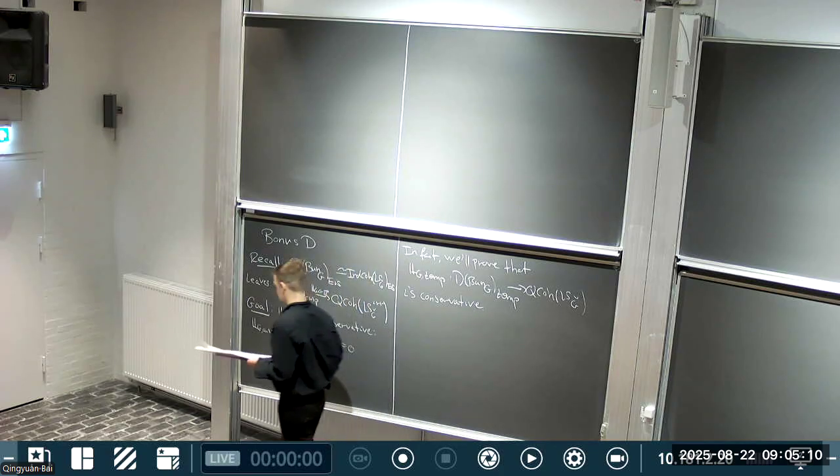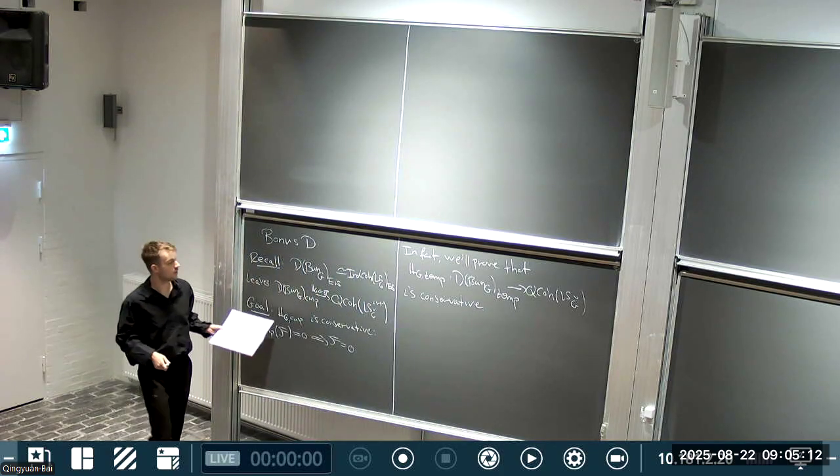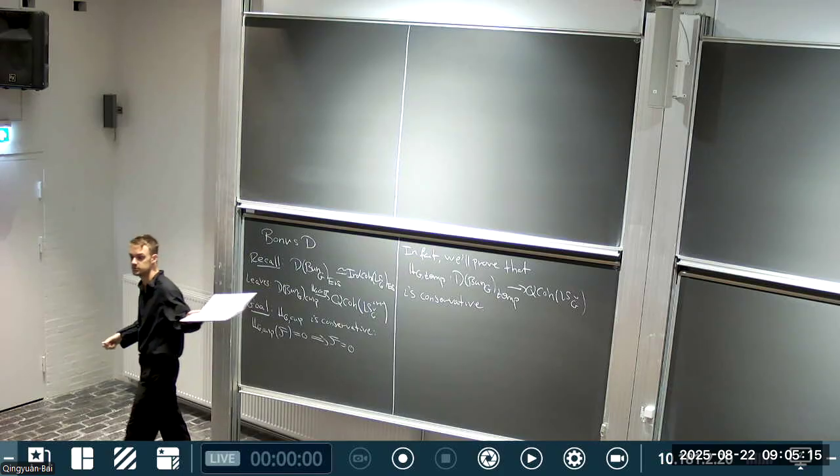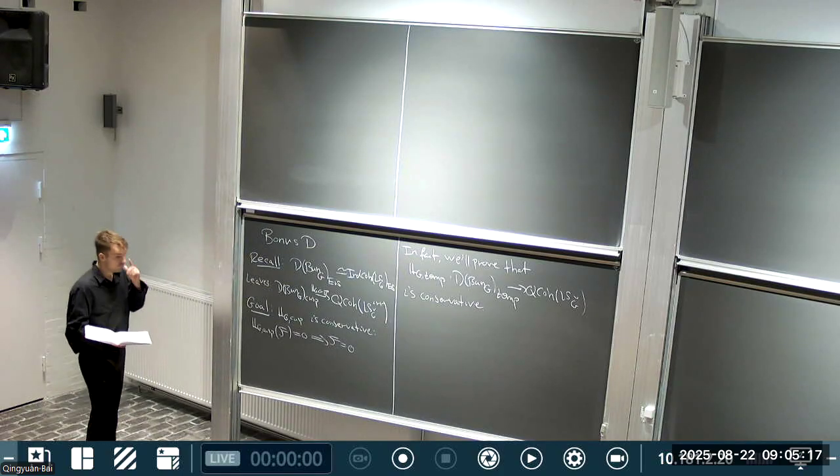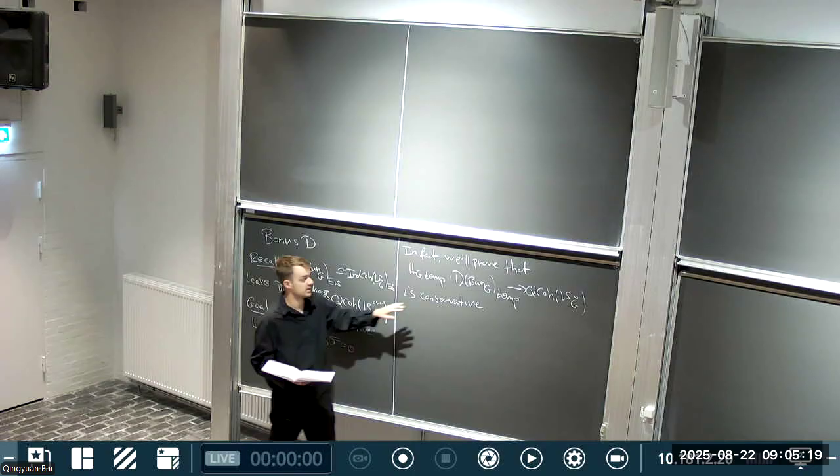This is stronger because I think we've stated before that cuspidable modules are tempered, although I won't use that in the proof. But this is what we really need to prove.